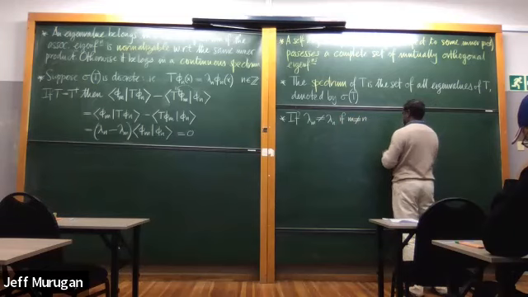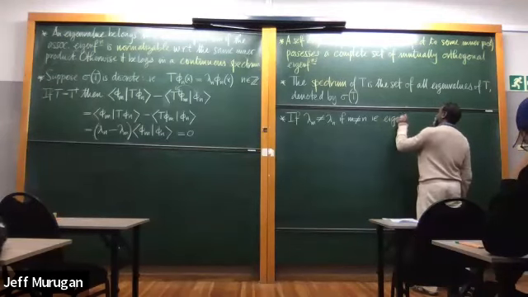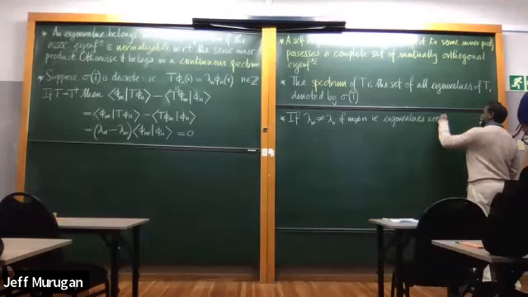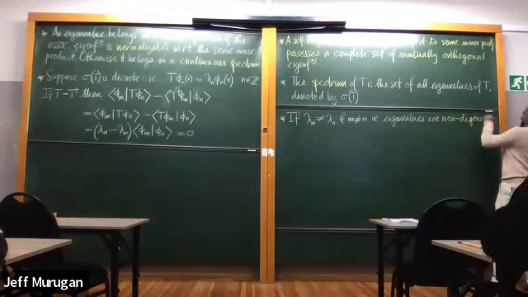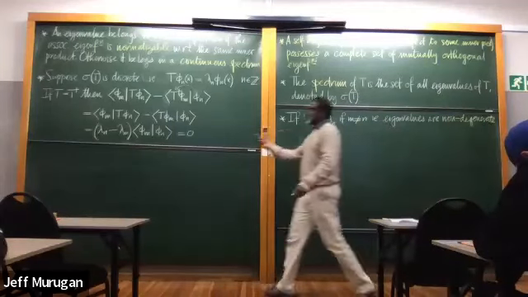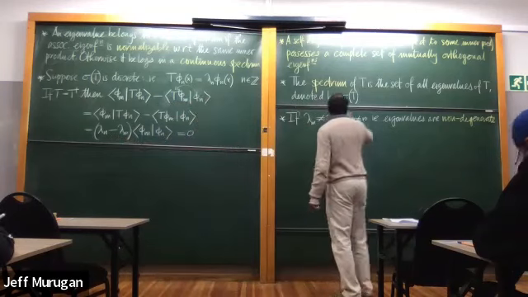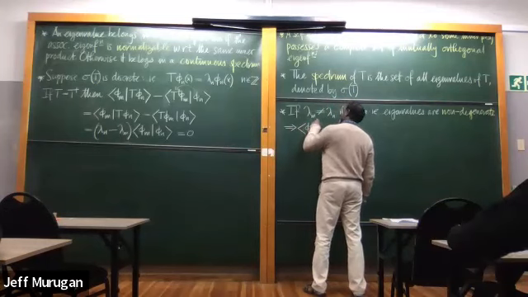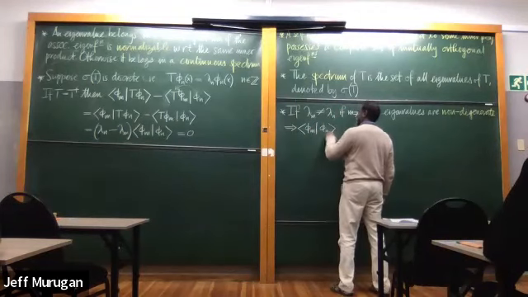So this means that the eigenvalues are non-degenerate. Well, if that's the case, then this is not 0 if m and n are not equal, which means that the only way that's going to be true is if phi_m inner product phi_n is equal to 0.